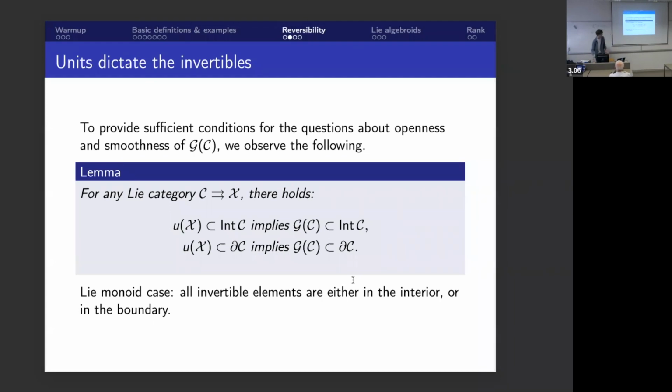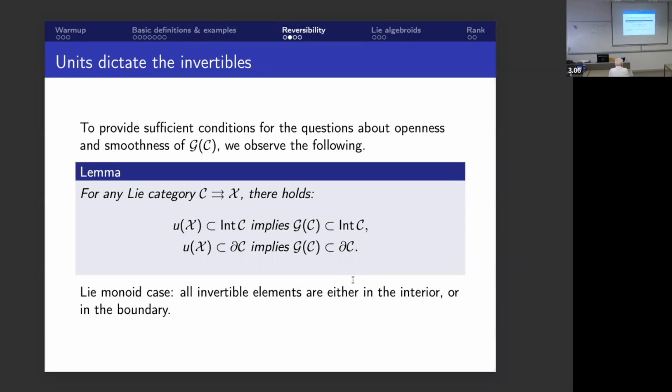You can see this in various examples. Take this one, for multiplication, for example. What are its invertible elements? Everything except 0 for multiplication; 0 is invertible for addition.